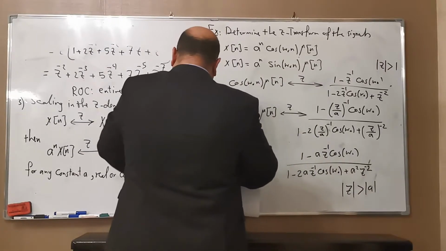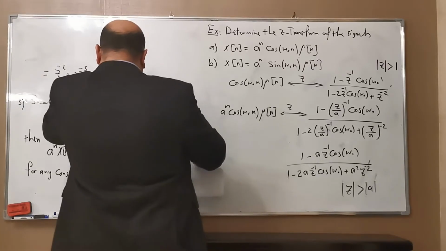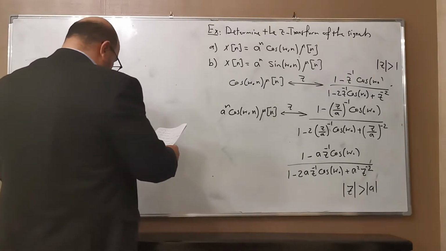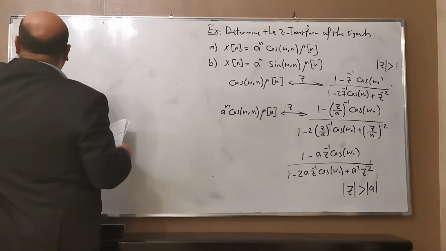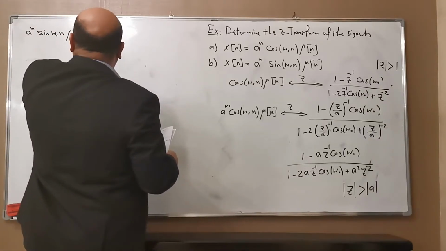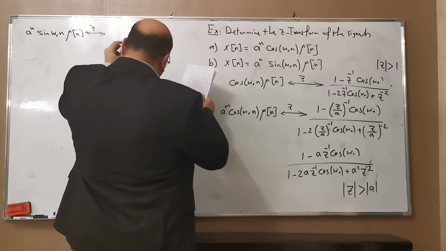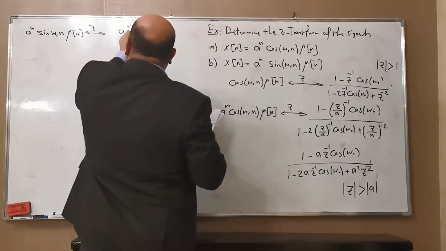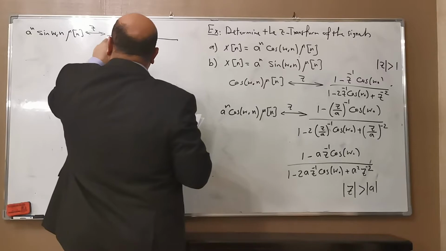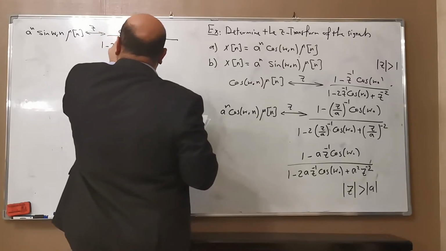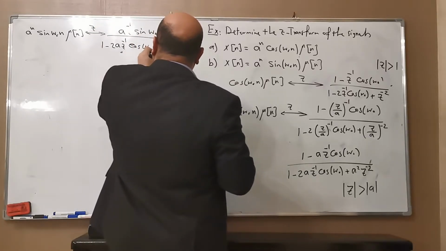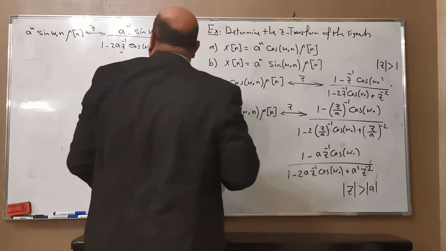Doing the same thing for the second part, we can conclude that A to the n sine omega 0 n mu of n should have the Z transform equal to A Z inverse sine omega 0 divided by 1 minus 2A Z inverse cosine omega 0 plus A squared Z to the minus 2.